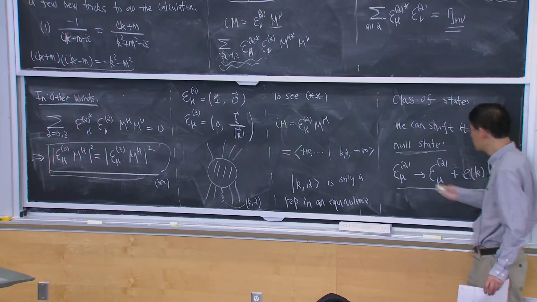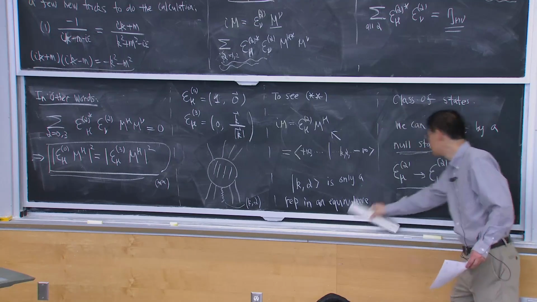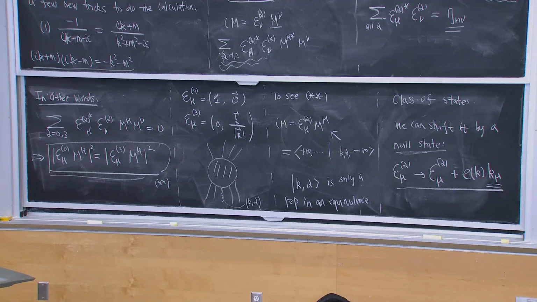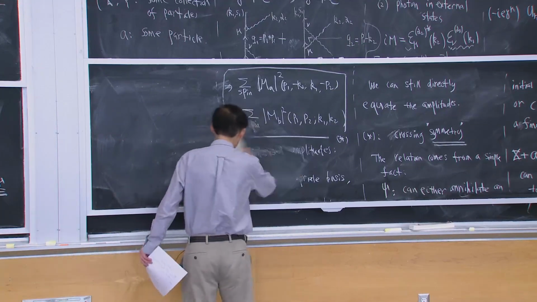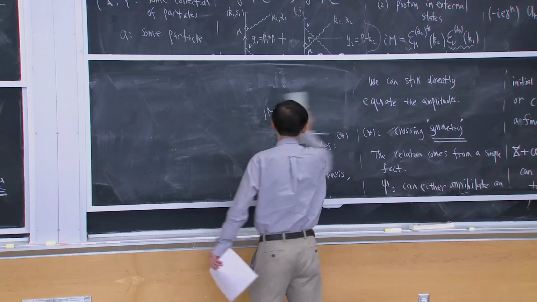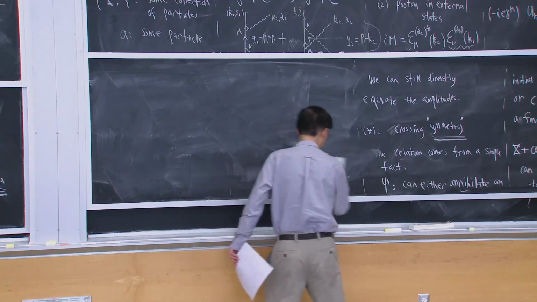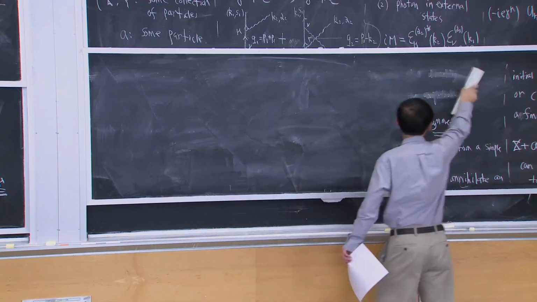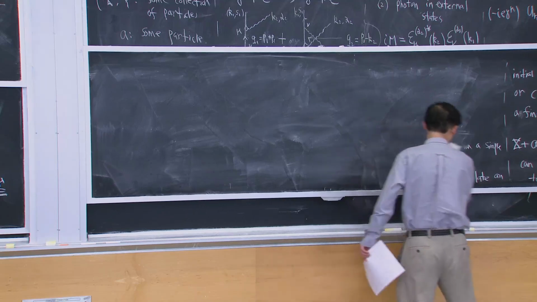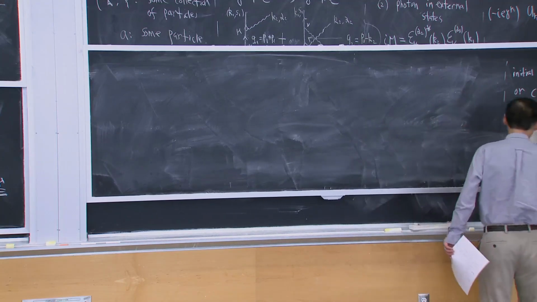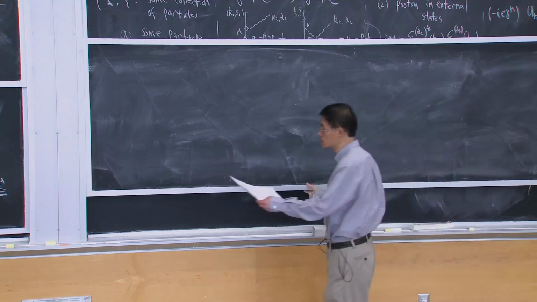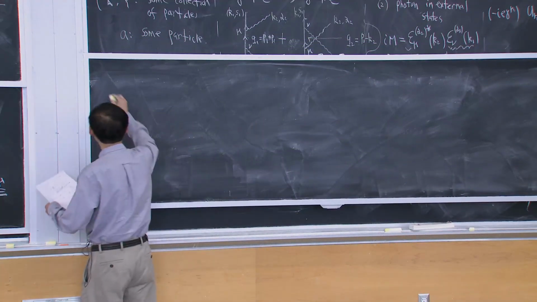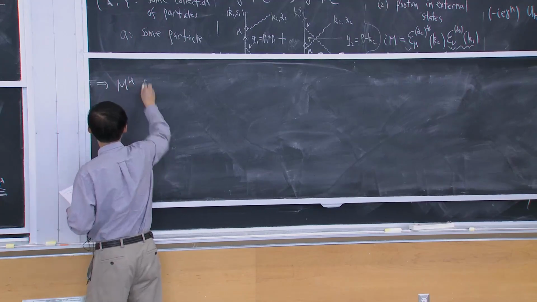So now use this equation here. This implies that M mu k mu must be zero.